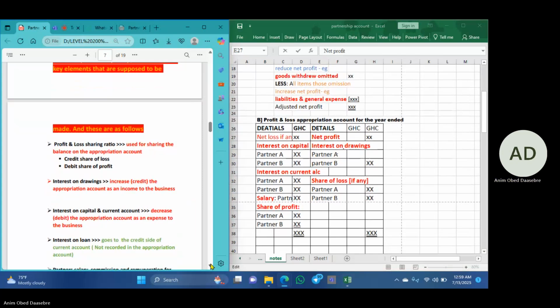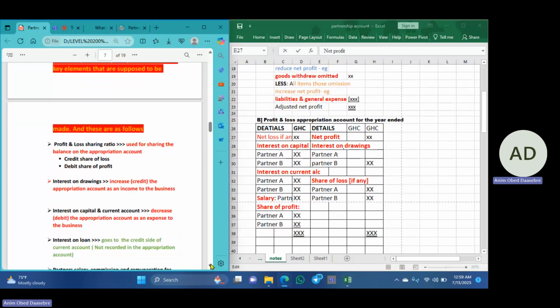If not, every partner will like to withdraw money from their initial contribution. So these penalties are assigned to any drawings that any partner would like to undertake, to prevent them from overdrawing their initial contribution.